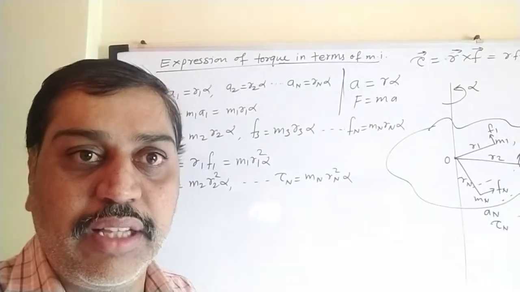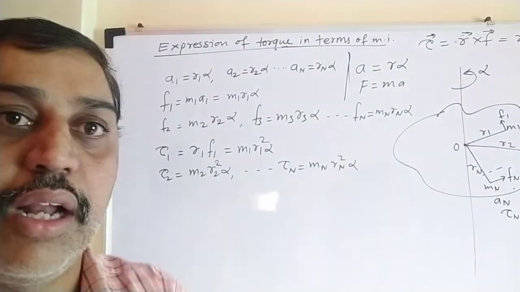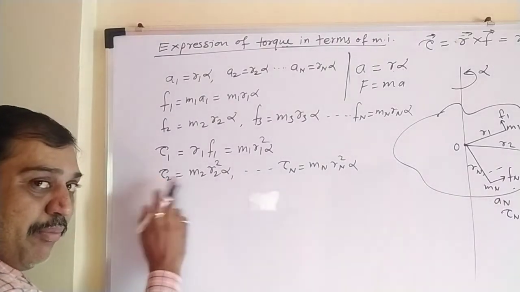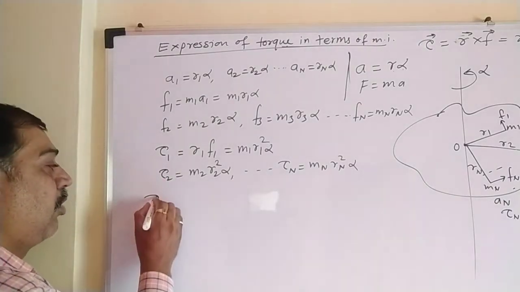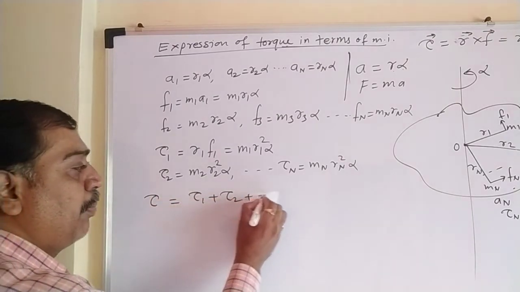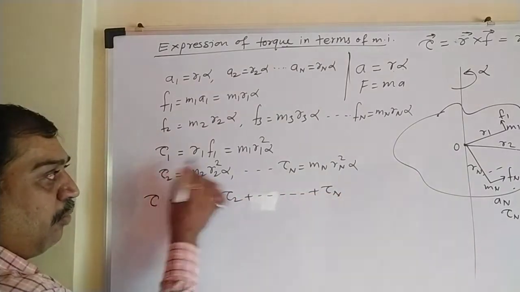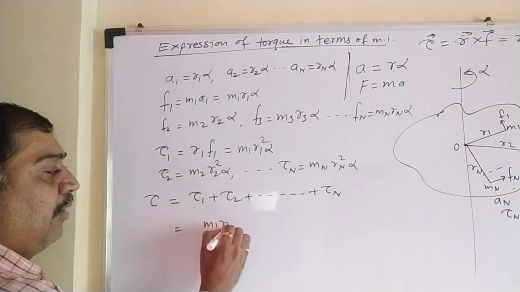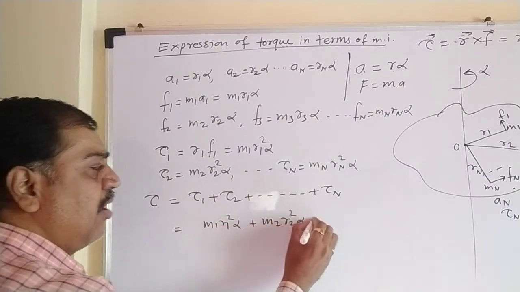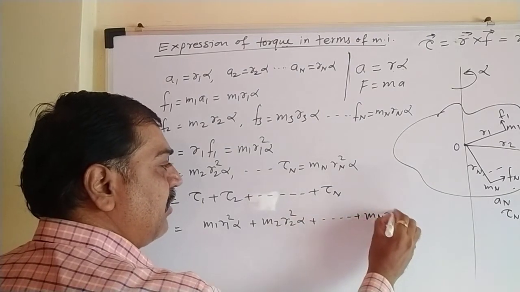Now let's go further. What do we want to determine now? The total torque acting on the rotating body. So it is the sum of the torques due to masses m1, m2, up to mn. Total torque is, suppose, tau equal to tau1 plus tau2 plus so on up to tau n. Putting in the values, m1 r1 square alpha plus m2 r2 square alpha plus so on up to mn rn square alpha.